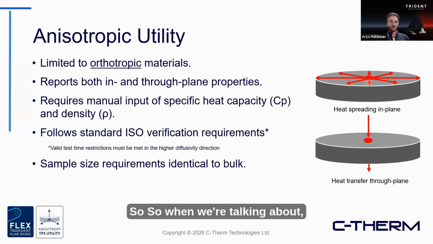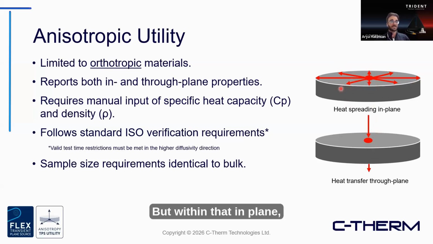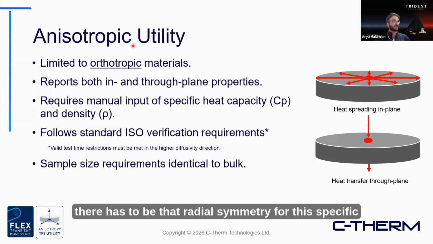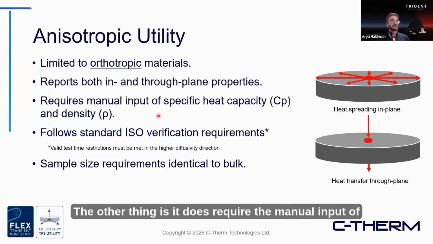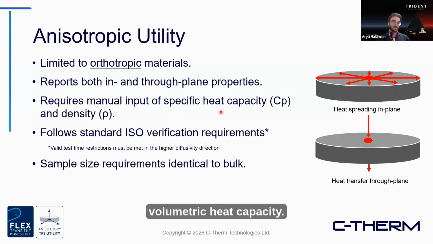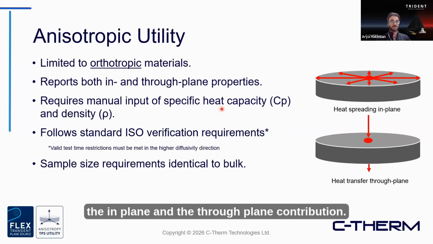The through-plane direction can obviously be different from your in-plane direction, but within the in-plane, there has to be radial symmetry for this specific utility with TPS to be valid. The other thing is it does require the manual input of volumetric heat capacity, so Cp and density, within the system in order to separate out the in-plane and through-plane contributions.